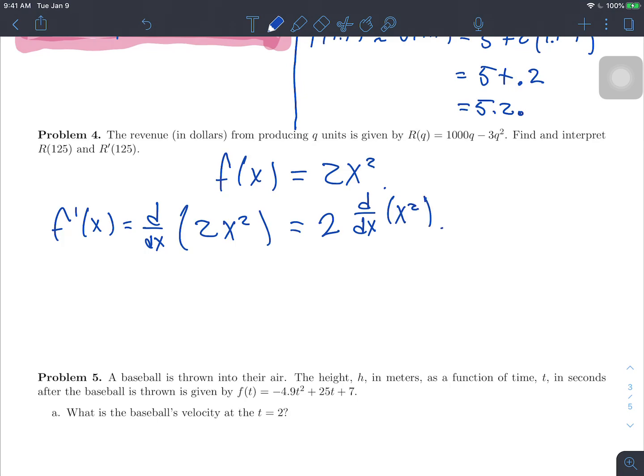Okay, so this part here underlined in this salmon color says, literally, do the derivative of 2x squared. What this right-hand side says is do the derivative of x squared, then multiply by 2. And the rule was that they're equal.